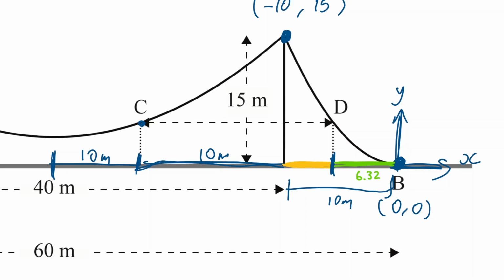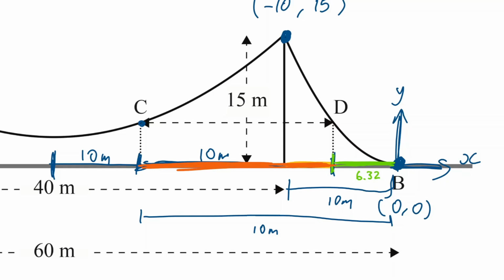The distance we are after is C to D. So that's the 10 meters plus this orange bit. Right, that's CD. So overall, it has a distance of 20 meters, right? Not to scale, but 20 meters. And we're subtracting from that 6.32.